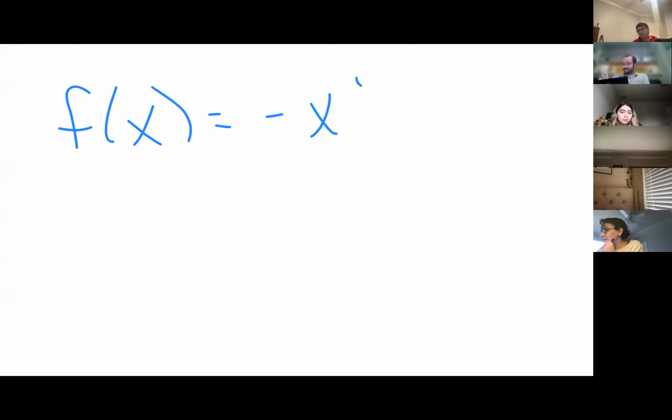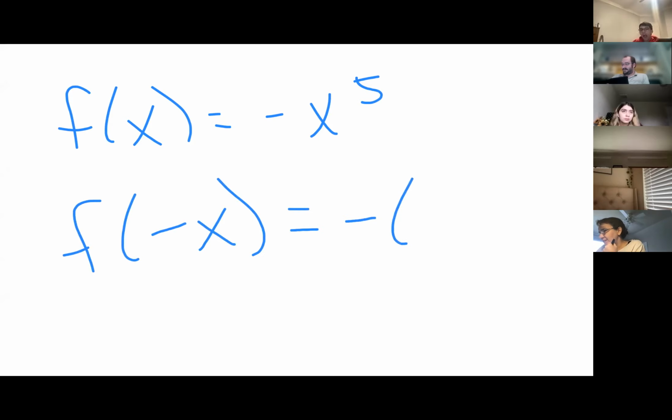Minus... If we throw in a negative to our x, how does that affect this thing? I still have the negative, it's something odd to the fifth, right? It's odd. And so what am I throwing in here? That's the thing I'm changing. So now I want to throw a negative x into there.